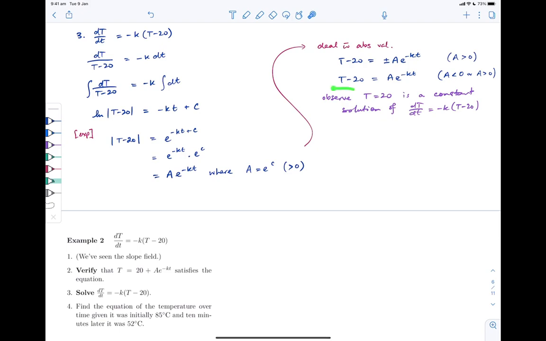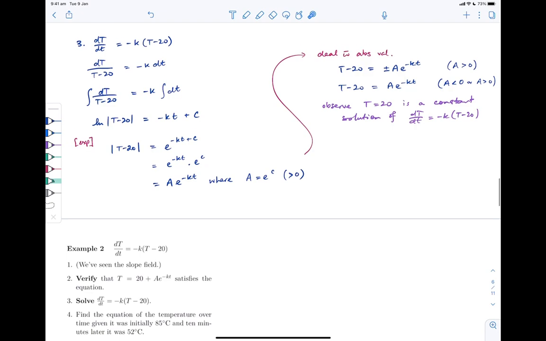Let's see what this means. If t is 20, then t minus 20 is 0, and so this whole right-hand side is 0. But if t is 20, the left-hand side is 0 as well, because it's just a constant. All the textbooks cover this, so you're not going to get through the topic without it.